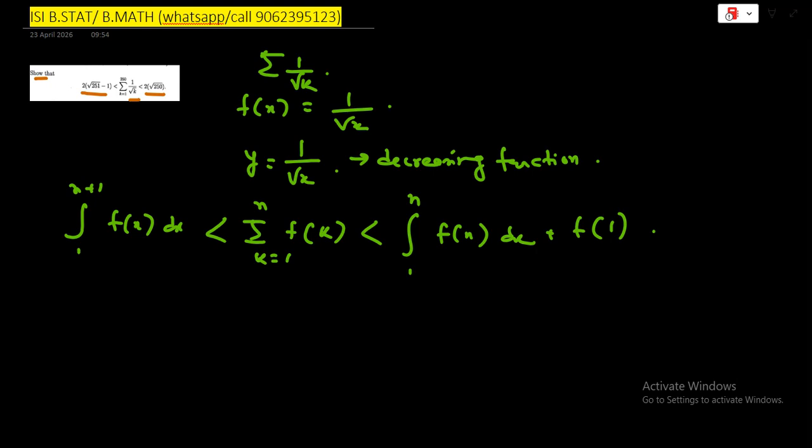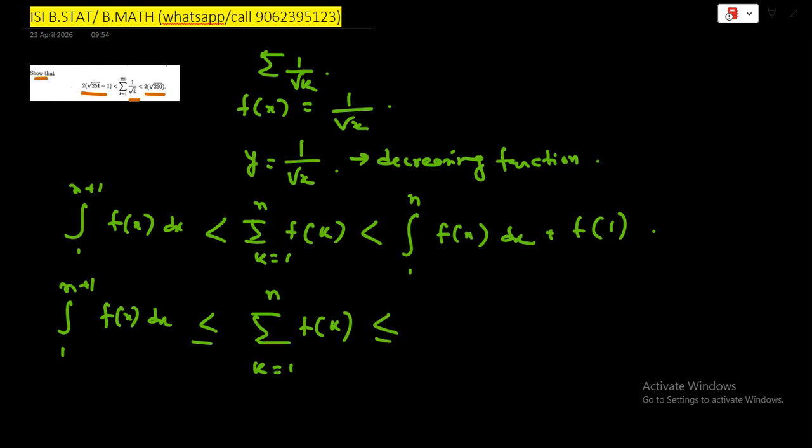Okay, for a decreasing f, integration 1 to n plus 1 of f(x) dx is less than or equal to summation k equal to 1 to n of f(k), and less than or equal to the integration 0 to n of f(x) dx. Okay, now apply to our case. We want summation k equal to 1 to 250 of 1 by root k, right?